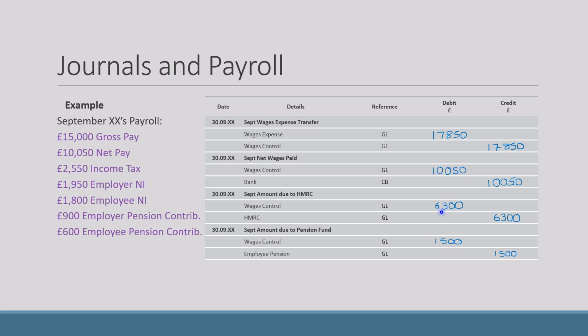It's also debited 6,300 for your HMRC account, and then 1,500 for your pensions. And those three together are the same as 17,850. So when you look at your wages control account, which I'll go through in the separate video, those balance off. And that's how you produce the journal for your payroll monthly.